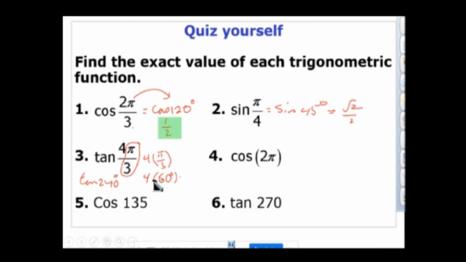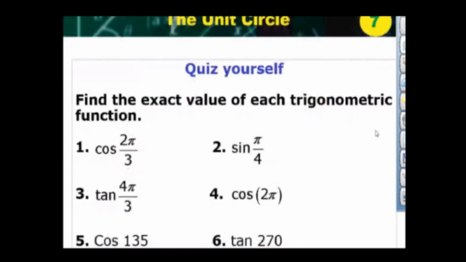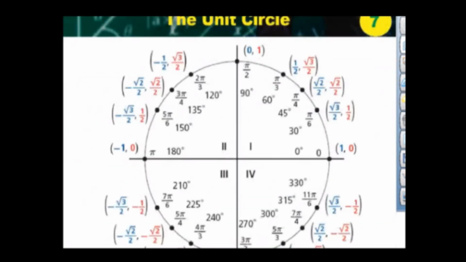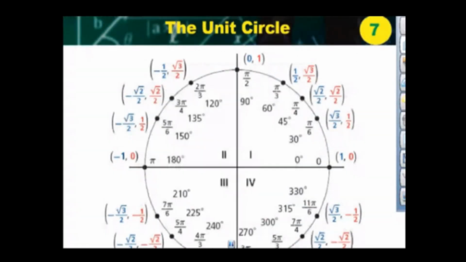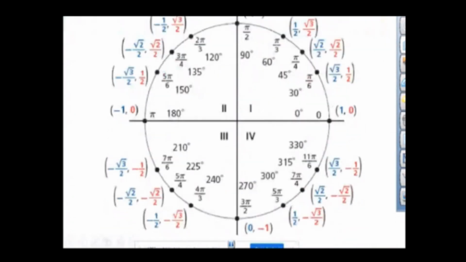And how much is tangent 240 degrees? I have to look because I forget things. I'm going to go back to my unit circle and see what is 240. 240 is down here. Tangent is going to be the y divided by the x.